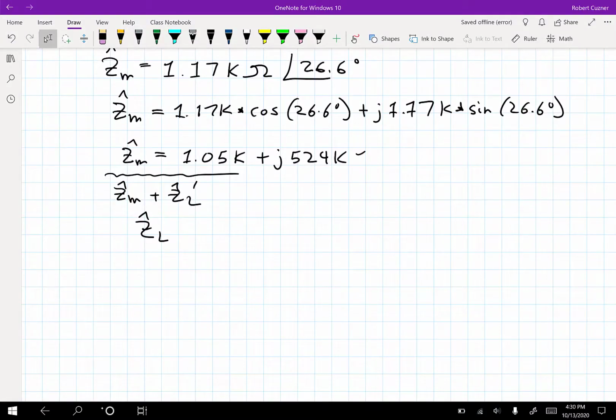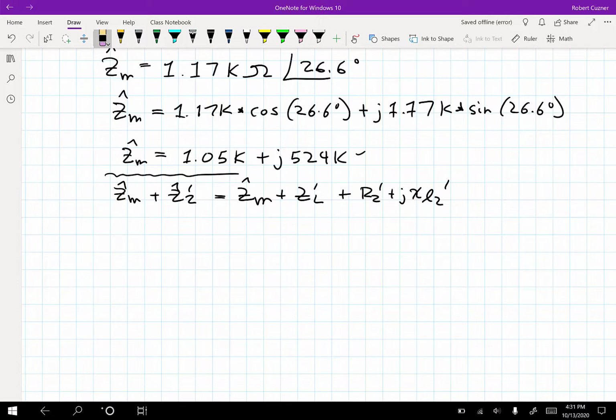So we've got a little bit of work ahead of us here. We've got to find Zm plus Z2 prime, which is Zm plus a Z load prime plus R2 prime plus jXL2 prime. So we've got to add all those things up. Now the Z load prime is not too hard to find. Z load prime is V2 prime divided by I2 prime.